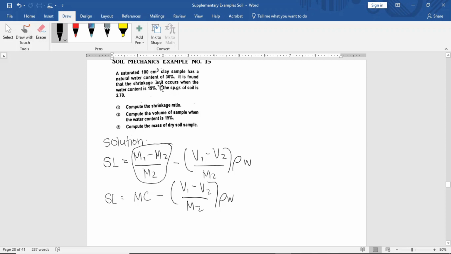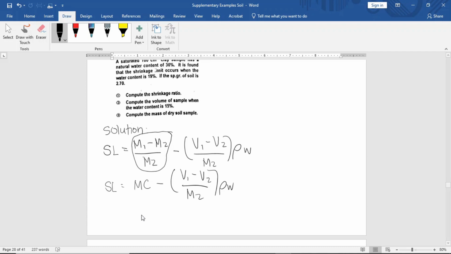So, meron tayong shrinkage limit na 19%, tapos meron tayong moisture content na 30. Yung mga limit natin, liquid limit, plastic limit, ay mga moisture content din.